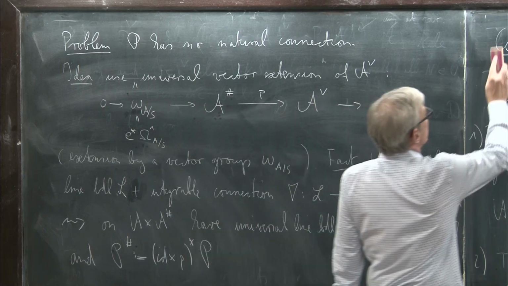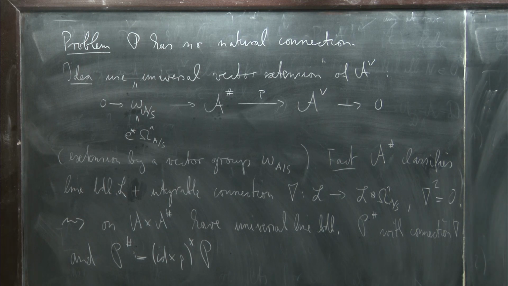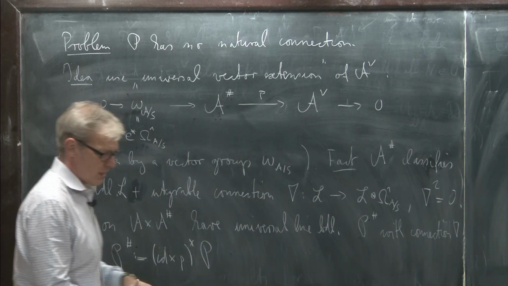Okay, and so we have now a connection, and we want to use this to derive our classes. And this we can do because we have coherent cohomology classes, and we will do so.